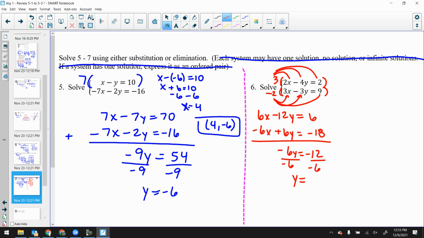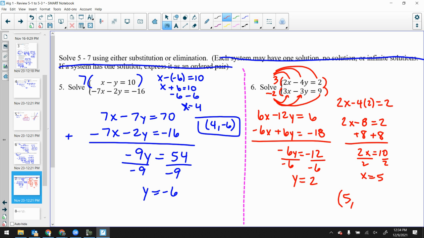So y is positive 2. And now let's go back into the top. That was 2x minus 4 times 2 was 2. So 2x minus 8. Add the 8. Divide by 2. x is 5.